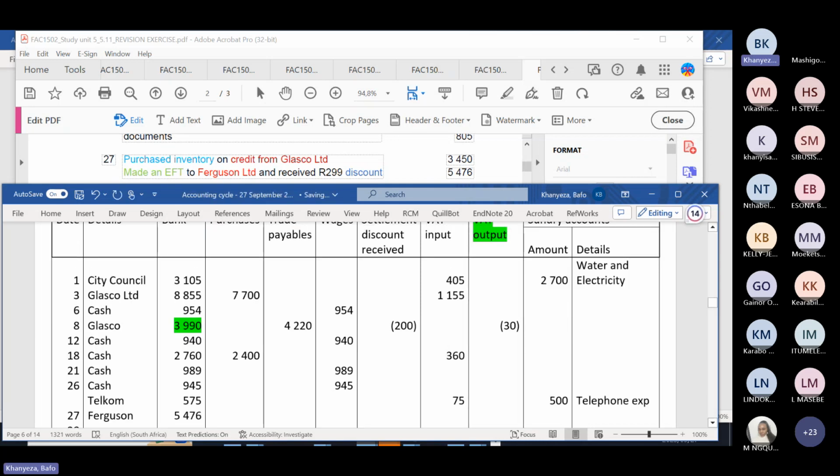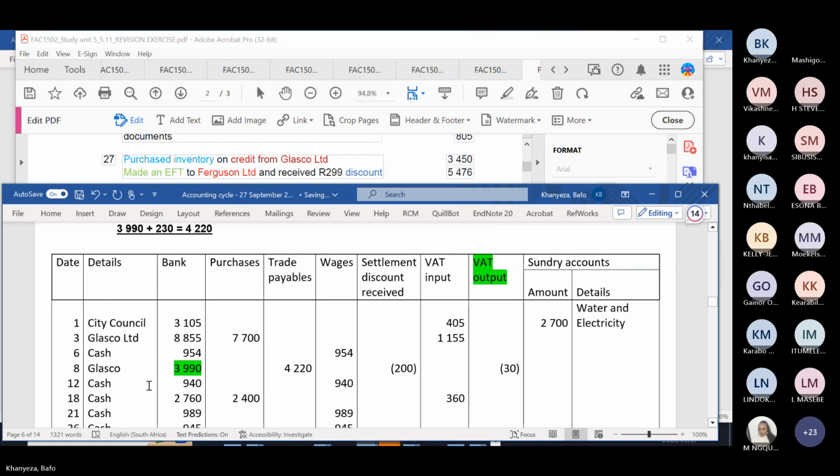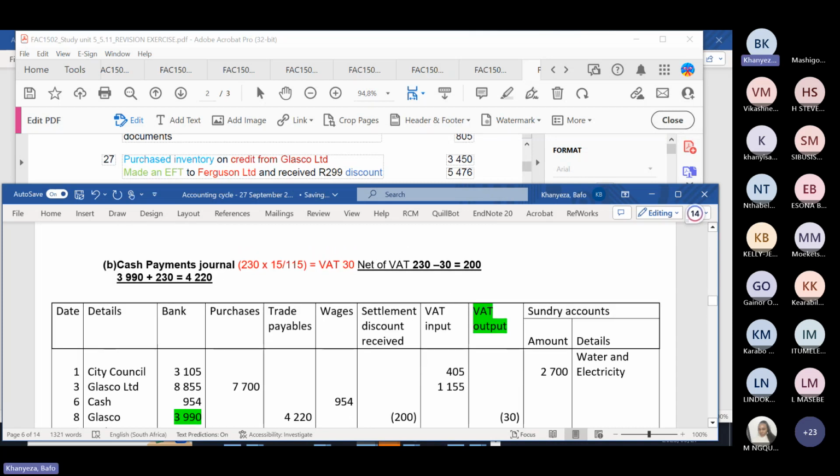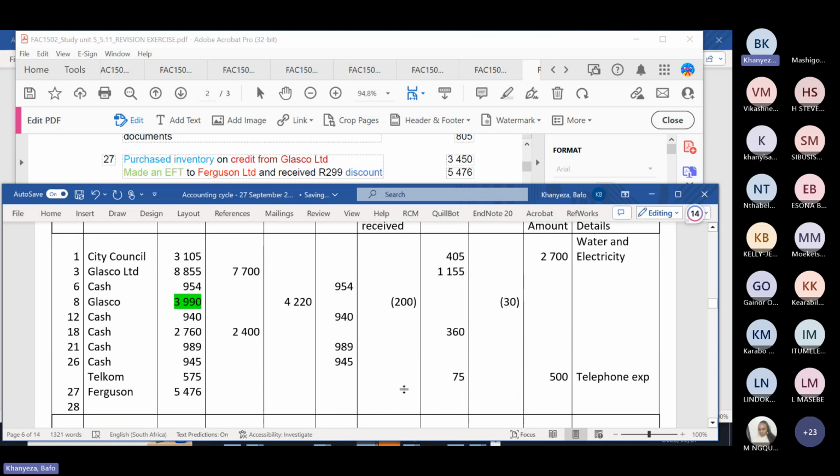So here is a discount. Discount received. So we received a discount from Ferguson of 260.